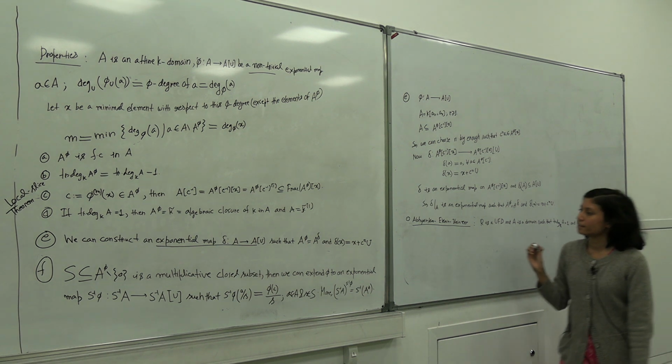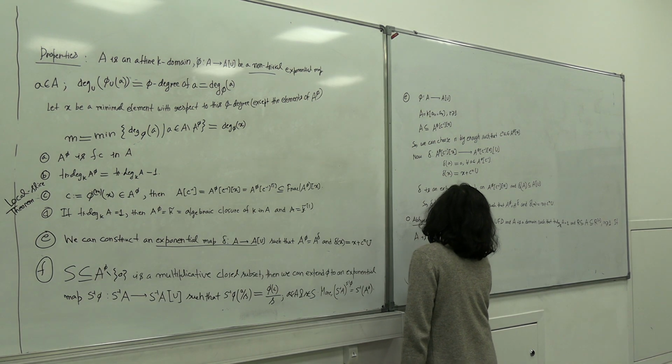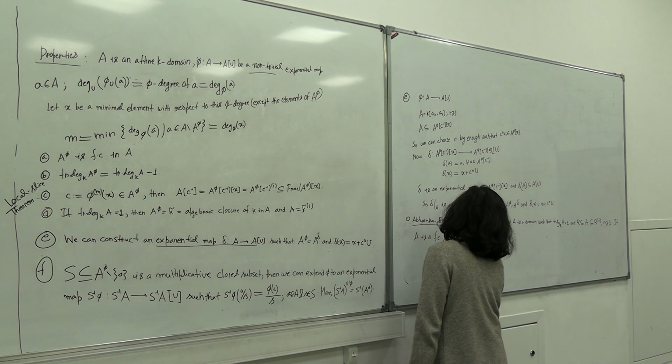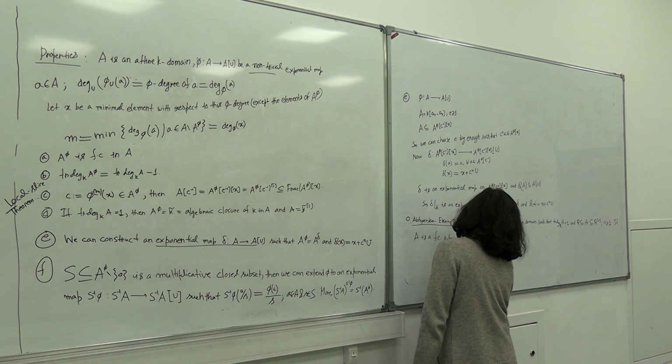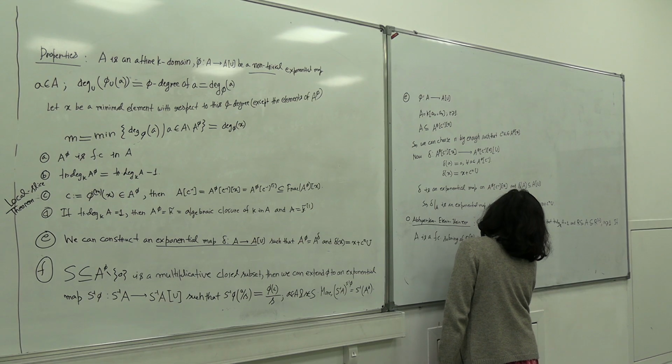If A is a factorially closed subring of this R[n], then A is actually equal to R[1].